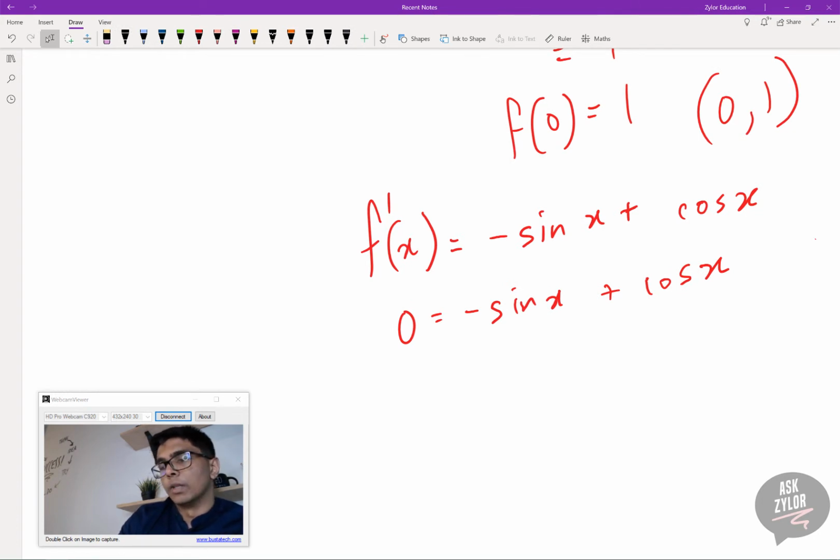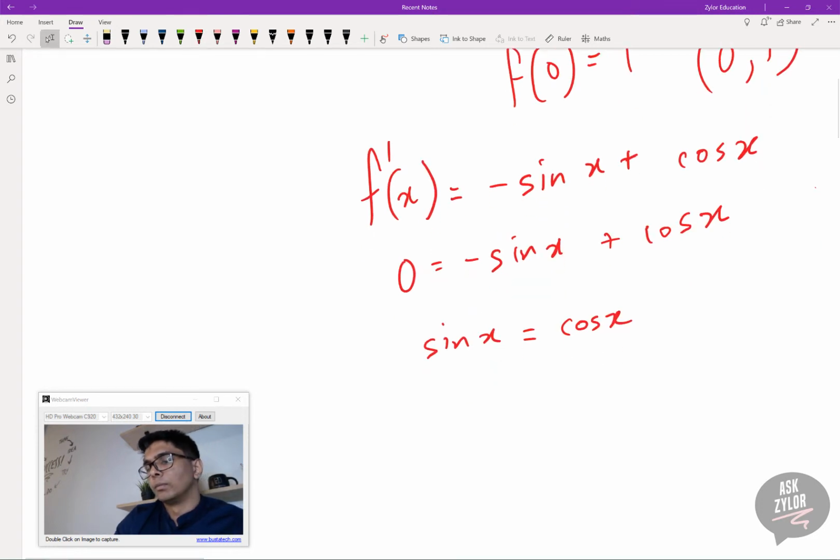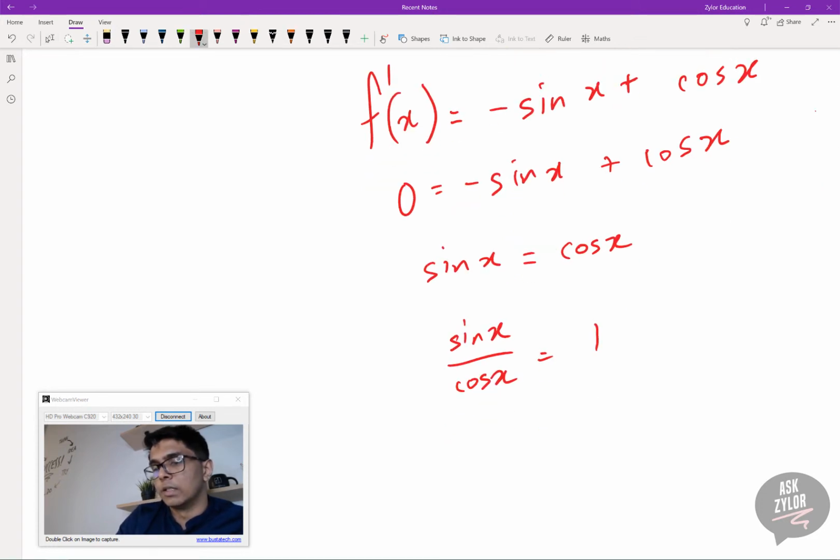So I can bring the cosine over, so I have sine x is equal to cos x. Let's move the cos to the other side to give me sine x over cos x is equal to 1, and this is a function that I know is just tan x is equal to 1.